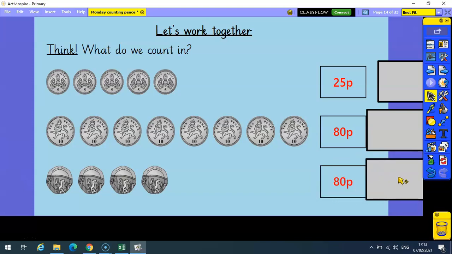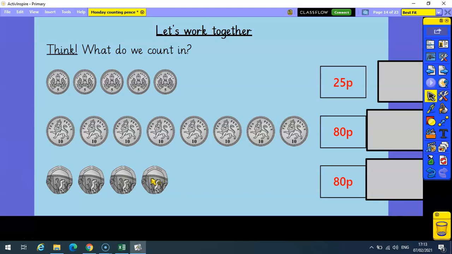80p again. Now notice that this row and this row are worth the same amount, even though this row has much less coins. Why do you think that is? Tell your screen, why do you think that is?